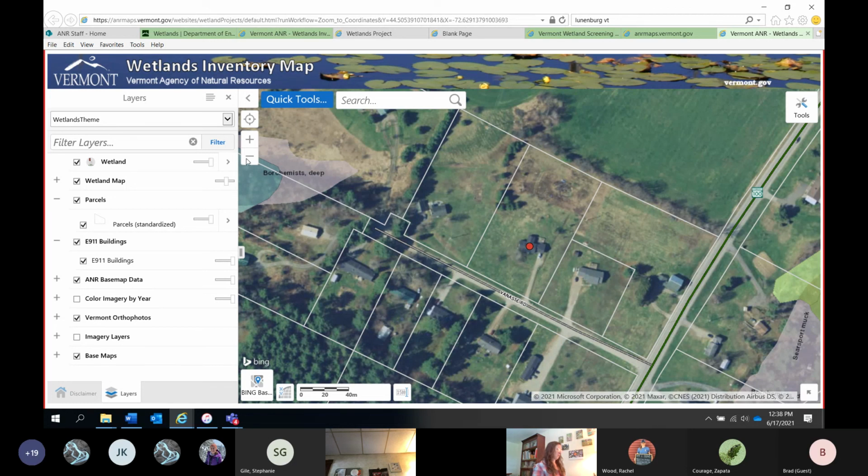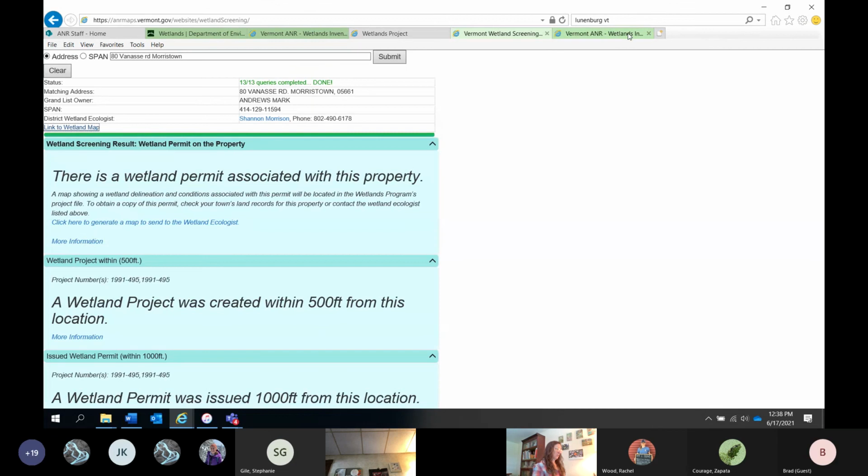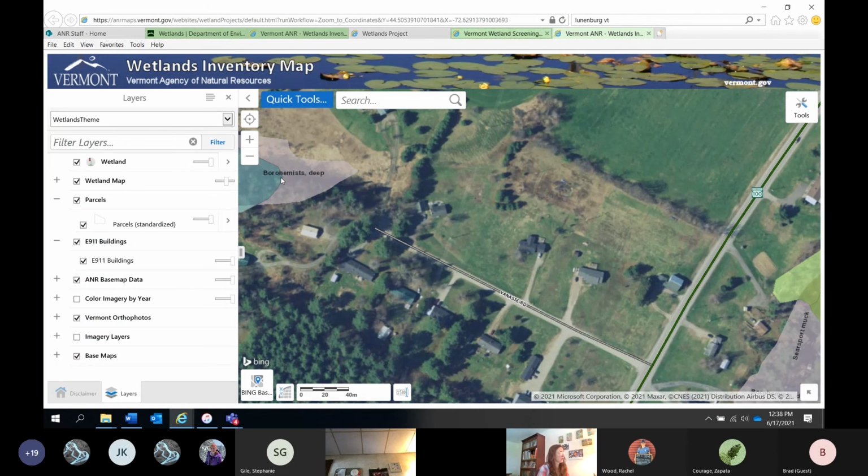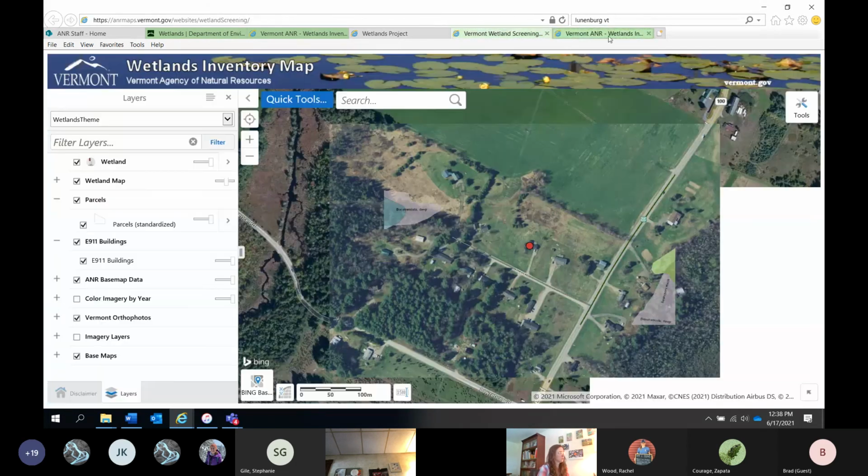This is a little glitchy. Can't zoom out. But we do see there's a property nearby. Yep, there we go.